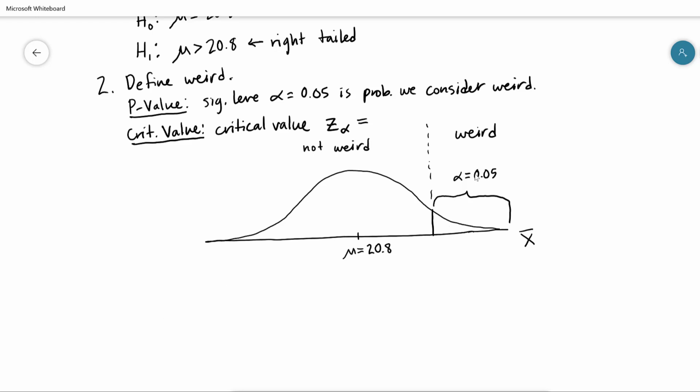So far we've defined it by its area. For the p-value method, we just defined that area. Let me go back and correct that letter there. And now I need the z-score that defines that region, and that is our z sub alpha. And the z sub alpha is going to be the z-score that cuts off the top 5% of the area.